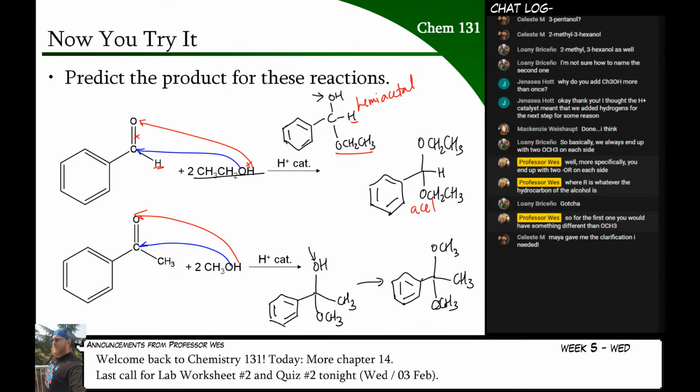This would be my acetal, because there's the H. Down here I'd have a hemiketal, because I don't have an H there. Instead, I have the R group that was present, showing that it was on a ketone. And then this would be my ketal.